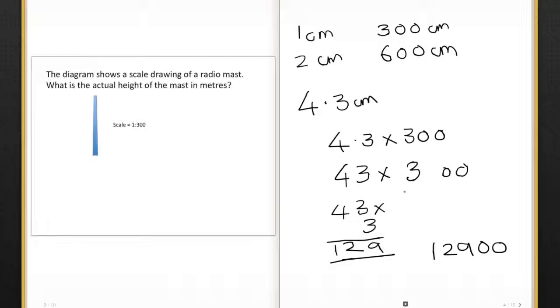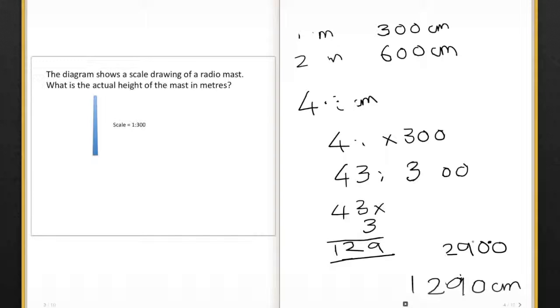12900. Now remember that when we started, there was 1 digit behind the decimal point. So we must make sure there is 1 digit, even though it's a 0, it doesn't matter. There must be 1 digit behind the decimal point. So the answer is 12900 centimetres.